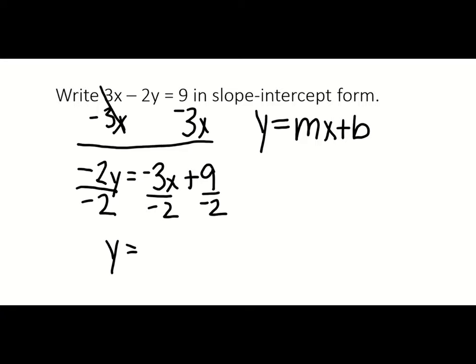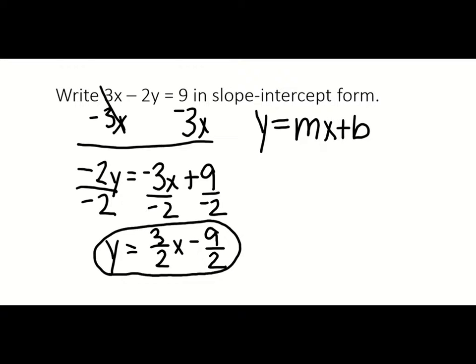So make sure you pay attention to if you can simplify your answer. Negative 3 over negative 2 would be positive 3 over 2 x. Positive 9 over negative 2 would be minus 9 over 2. So our equation in slope-intercept form is y equals 3/2 x minus 9 over 2.